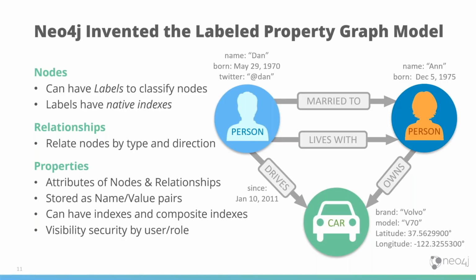We have relationships, and each relationship has its own label as to what that relationship means. And then there's properties for both nodes and relationships, and that's really a list of attributes. Like in this particular case, I have 2 people named Dan and Ann. I have another node: Ann owns the Volvo and Dan drives the Volvo.